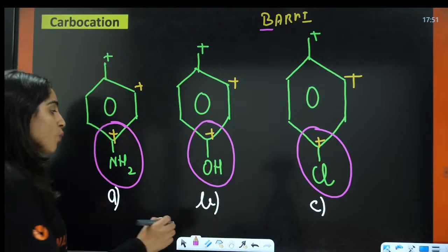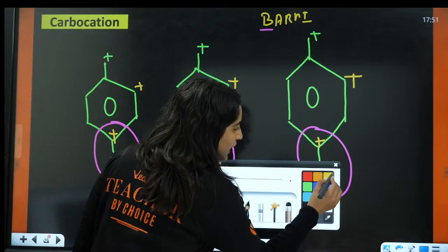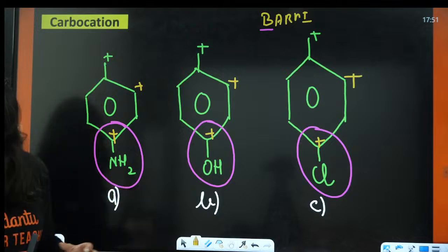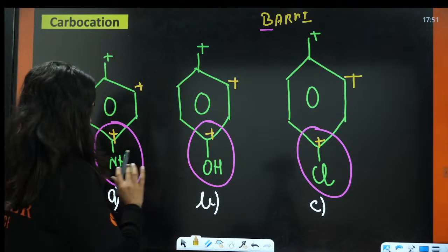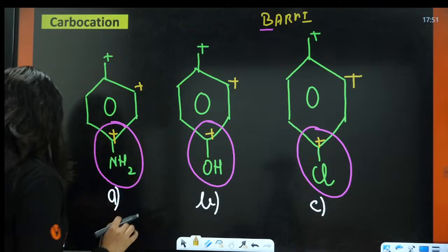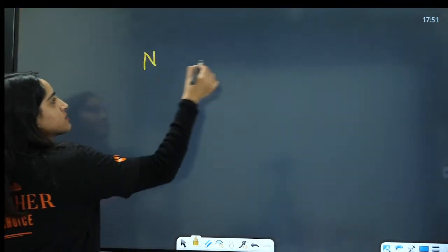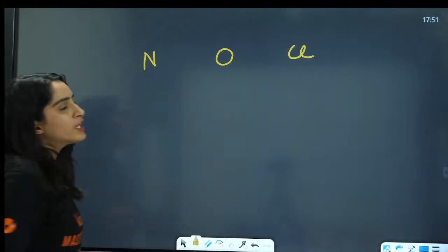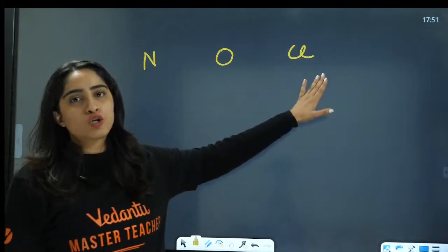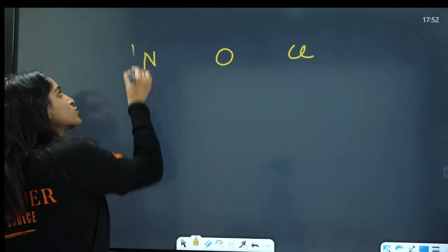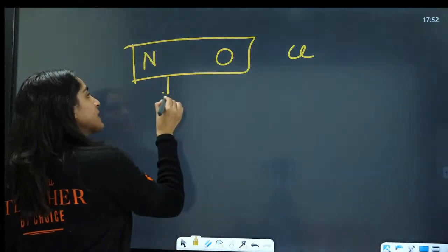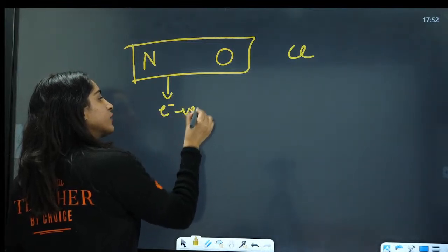Right? Okay. So now what will happen here? Just understand this thing. We have three things. This is N, this is O, and this is Cl. We know Cl doesn't belong to the same period as O and N, right? So these two will be decided on the basis of electronegativity.